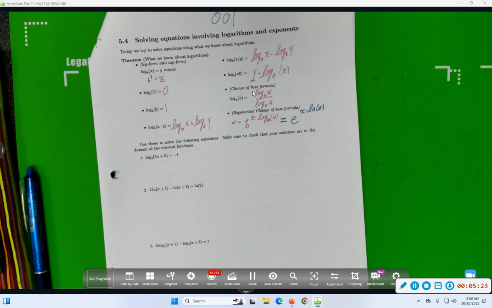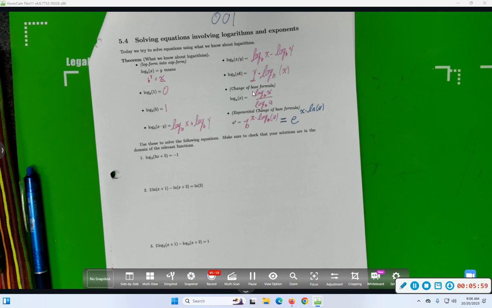Neato. So we have these laws, and we use them to solve some equations. How do people feel about solving logarithmic equations, like the ones written on the bottom half of this page? People feel comfortable, like they could solve any one of these? Anyone feel uncomfortable? Okay. Then let's proceed as follows. Let's talk through the first one altogether, and then I'll split you all up into groups to address problems 2 and 3.